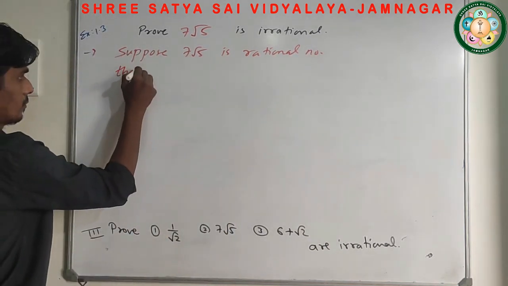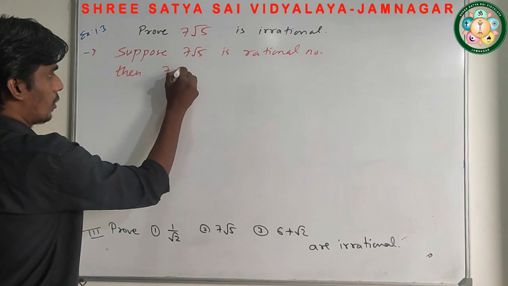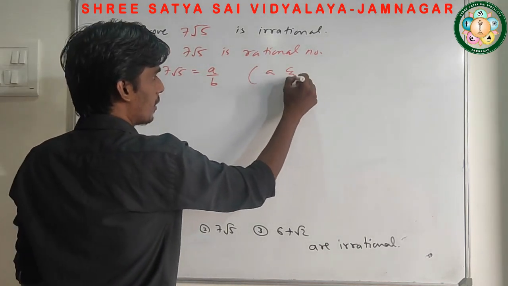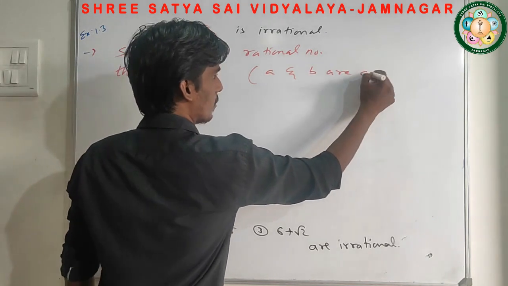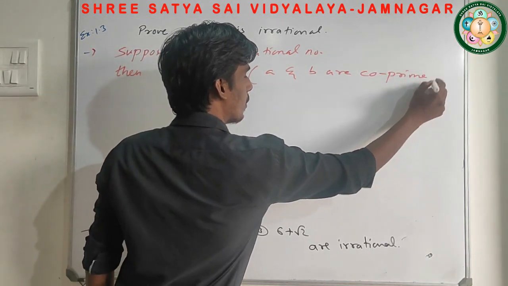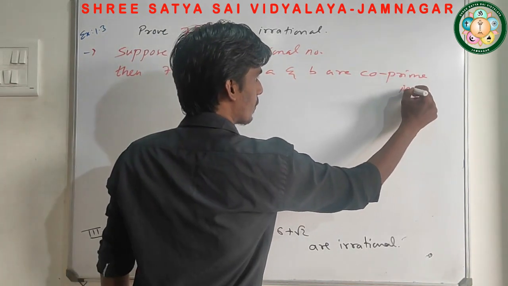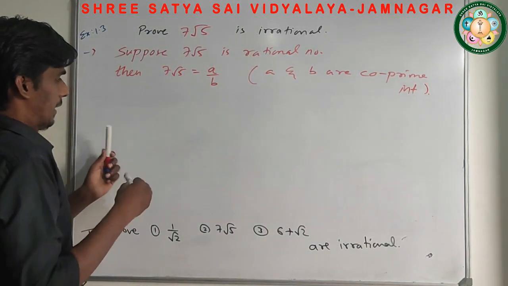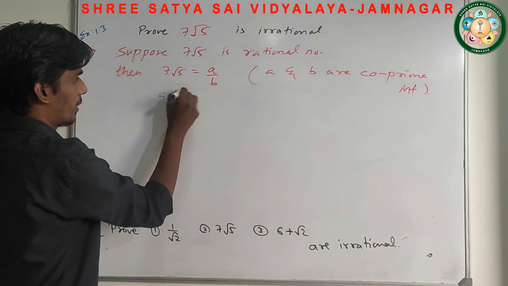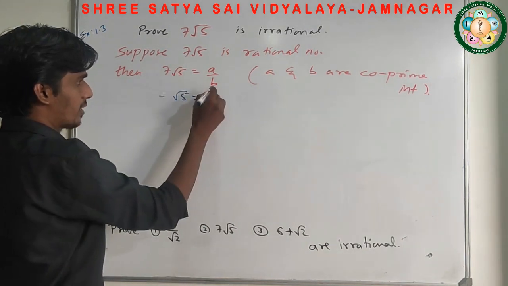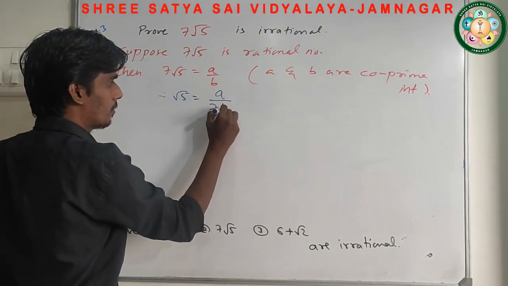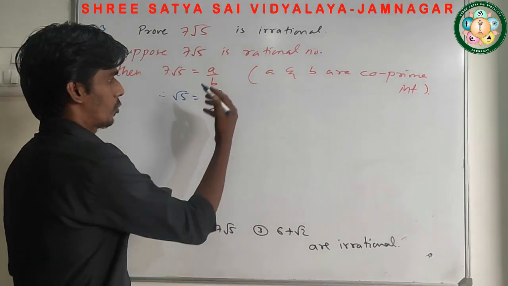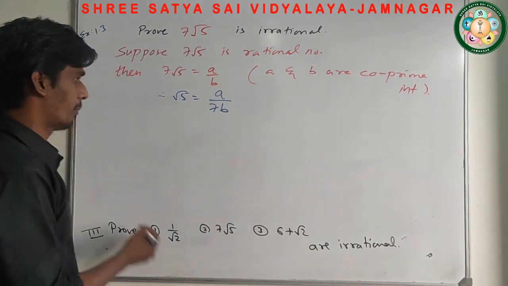Then 7 root 5 equals A upon B. Again same reason, here A and B are co-prime integers. Now, if I take 7 on this side, it becomes A upon 7B. Now, A is integer, B is integer, so A upon 7B is a rational number.